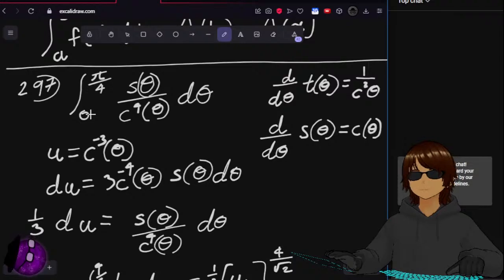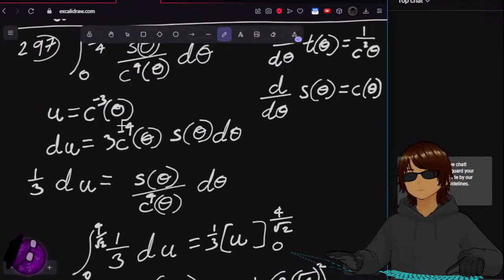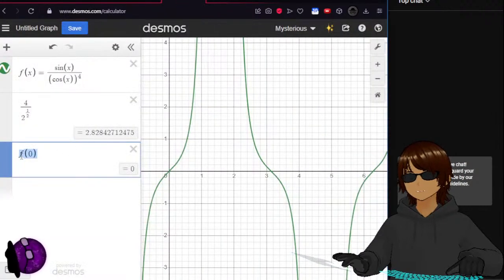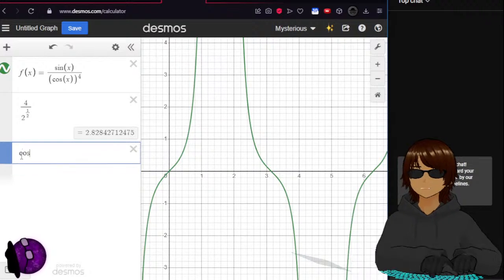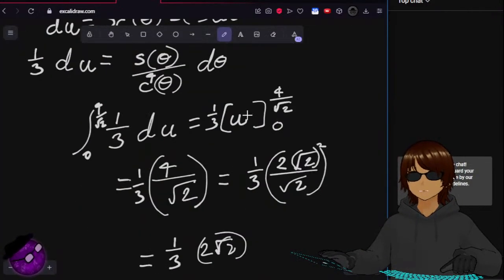I don't think it ends at 0. Maybe I'm wrong there. No, u is equal to cos minus 3 theta. But cos 0 is 1. Oh yeah, then that makes sense. This is 1. So it'd be 4 over root 2 minus 1.